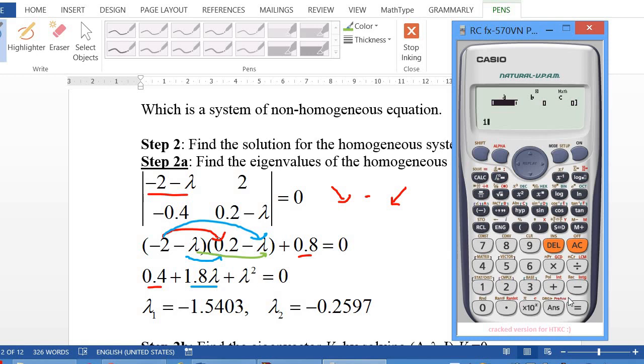In this case a is 1, and here ax squared plus bx plus c, so b is 1.8 and c is 0.4. Change it to floating point. We have the first root negative 0.2597, and the other root negative 1.5403.